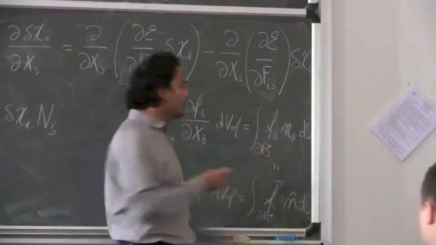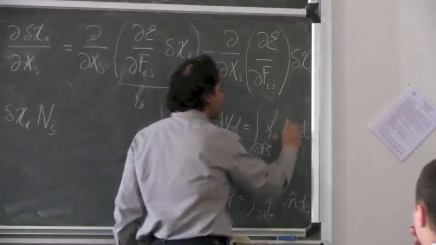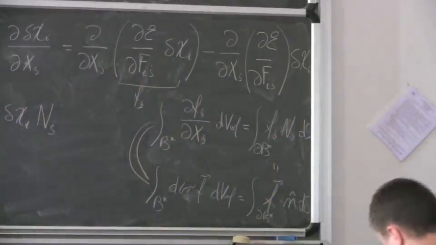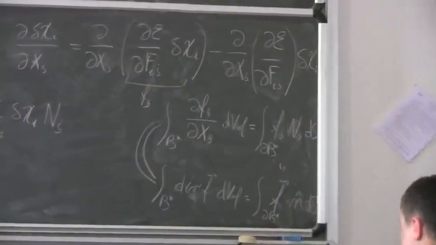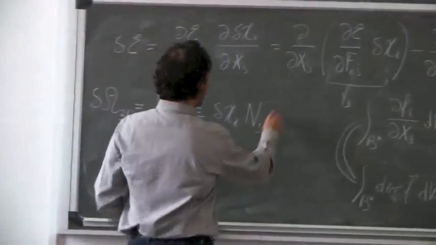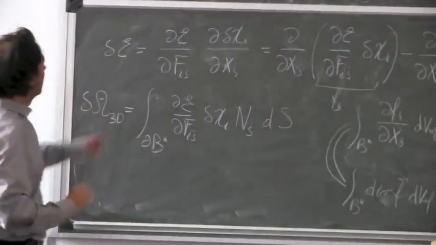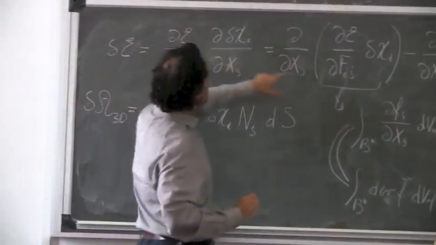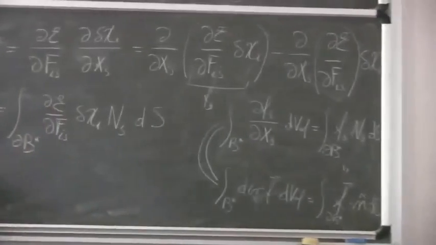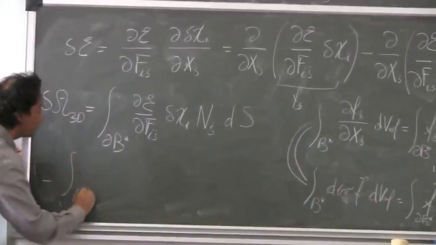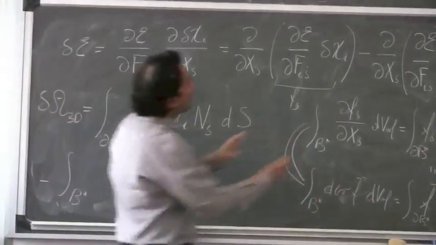In the reference configuration it is capital N, as with capital X and small x, in the same way. And this is on the surface. And then we have also the other part, that is minus the integral over the volume of this part.